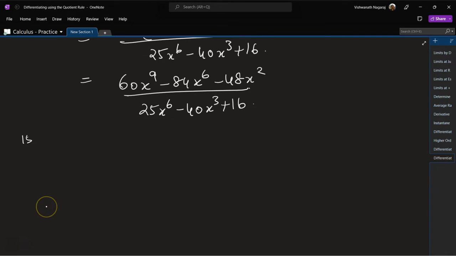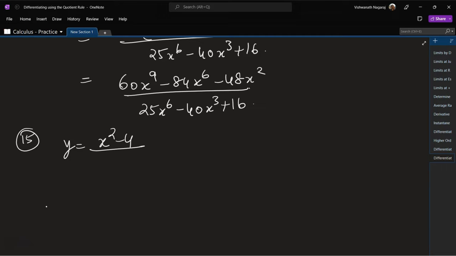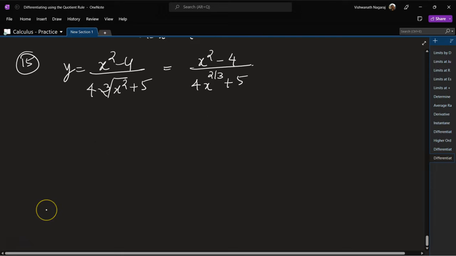Okay, so 15th one. Y is equal to x square minus 4 by 4 times the cube root of x square plus 5. Again, let's rewrite it as x square minus 4 by 4 times x to the power of 2 by 3 plus 5. Okay.